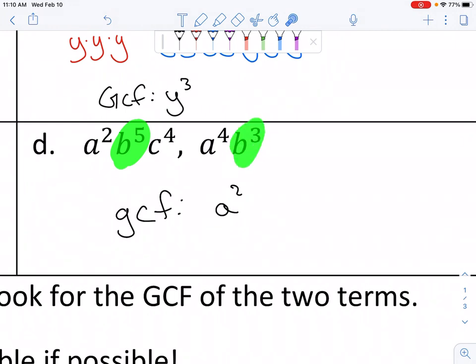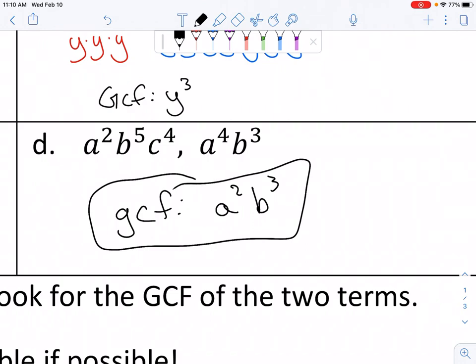So the most I can take away is 3. B to the third. And then I'm going to check my c's. I have 4 here, but I don't have any c's over here. So because there's no c in this group, remember the word common means that both groups have to have it in common. So if they don't have a c in common, I can't take a c out. So this is the greatest common factor.